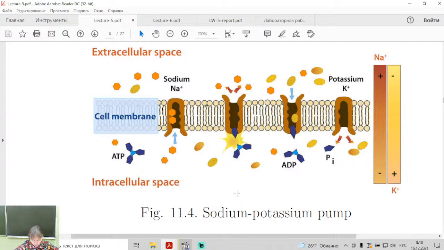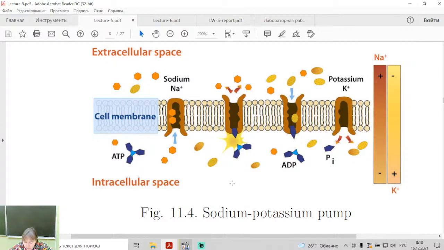Such transfer is impossible without cell energy input. Active transport of substances is often related to the action of so-called ion pumps.